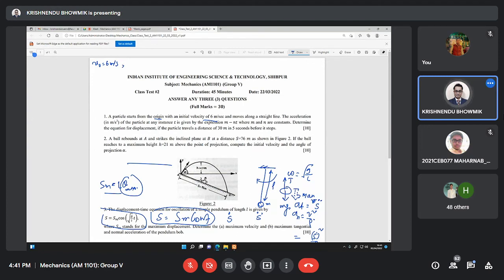The acceleration in meter per second square of the particle at any instant t is given by a equal to m minus nt, m and n are constants. Determine the equation of displacement S, we have to calculate the S expression. If the particle travels S equal to 30 meter at t equal to 5 second before it stops, then V equal to 0.